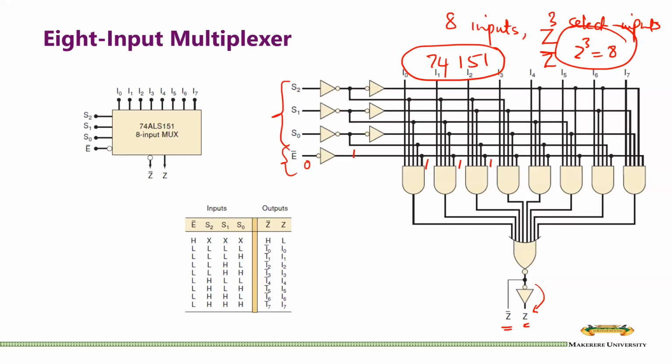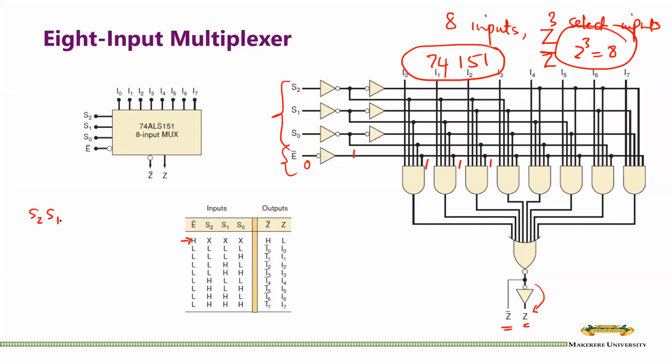So let us look at an example here. If E is high, that means it is going to deactivate the whole multiplexer. We don't even care what the select inputs are. Z will be stuck low, and obviously its inverse will become high, right?